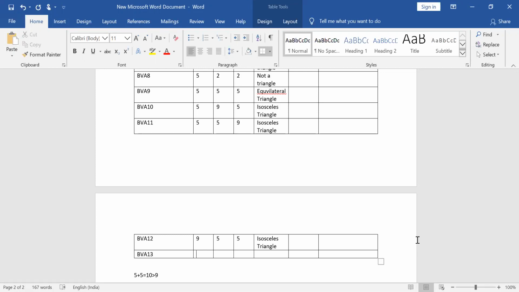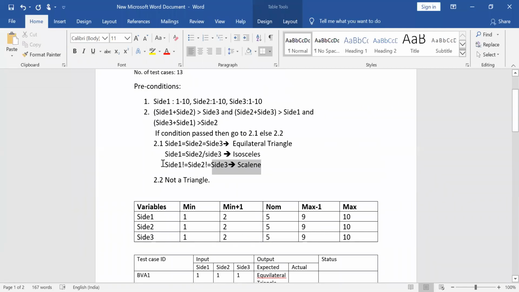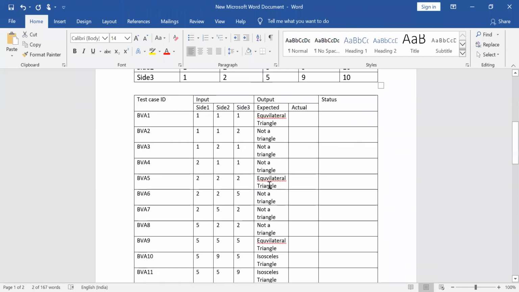You can either take 9, 9, 9 or you can take 9, 10. But remember one thing, if you take those, it will be a repetition. We have not yet designed a test case where a scalene triangle will come into play. Now, this plays a vital role.